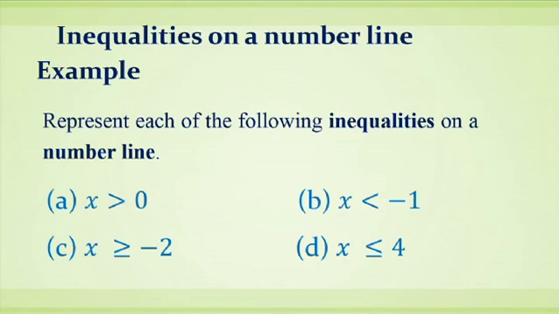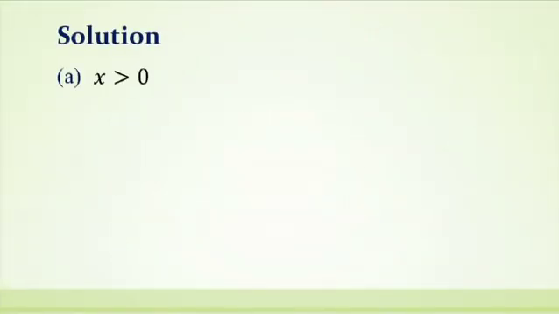Now, we need to be careful. Whenever we have only less than or greater than, we shall use an empty circle. And if we have greater than or equal to, or less than or equal to, we will use what we call a full circle. So the first one, x greater than 0. What does it mean?